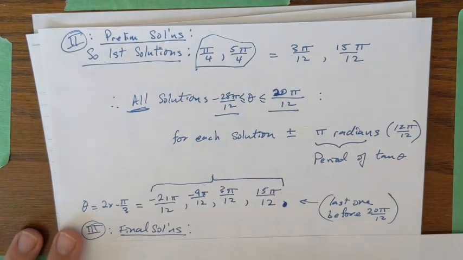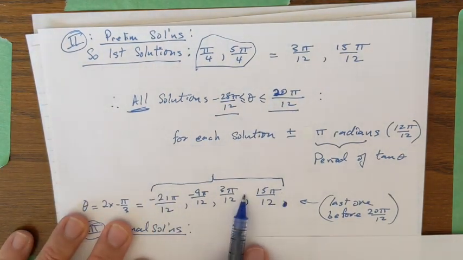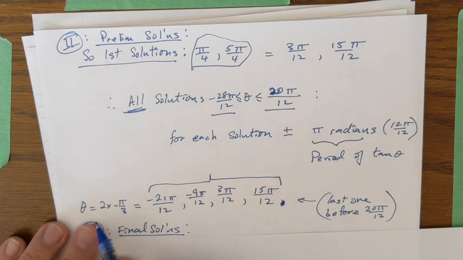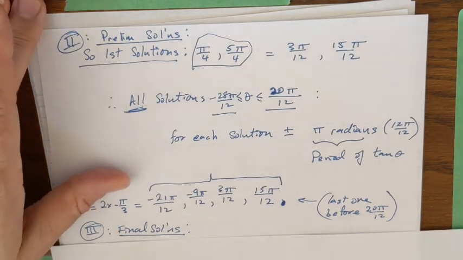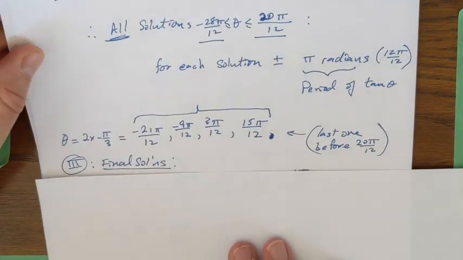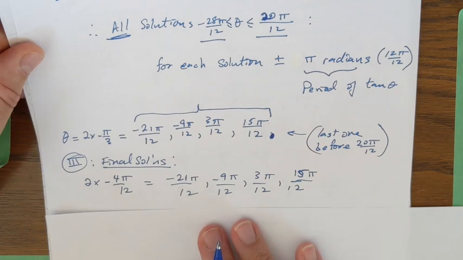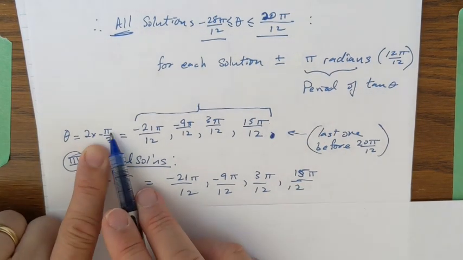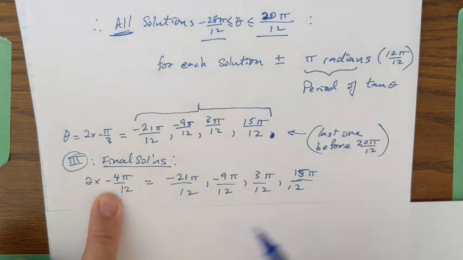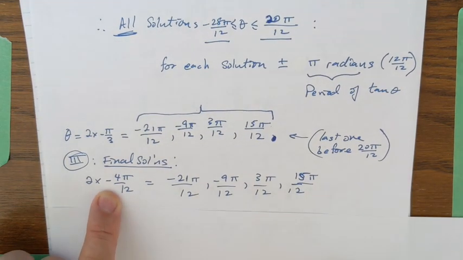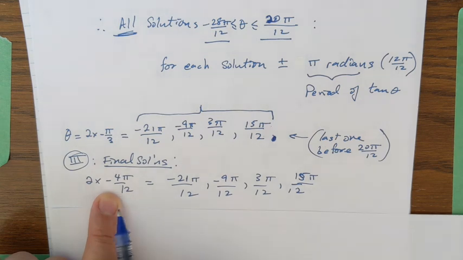And all these 4 solutions are equal to what I call theta, but that theta is equal to 2x minus pi over 3. So now I can move on to step 3: what are my final solutions? Just to restate, we have to have a common denominator to do any adding or subtracting.